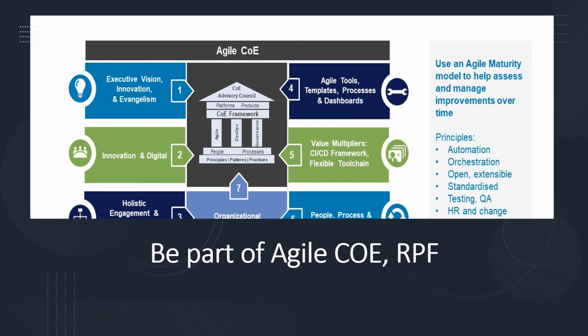Be part of the agile COE or PF. Agile COE, center of excellence, is one great place to improve yourself. In this forum, people from various departments and domains participate, and they discuss agile maturity and how we can implement agile in our teams. N number of such topics will be discussed.